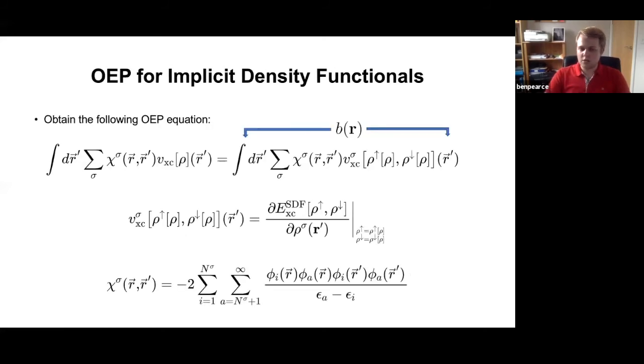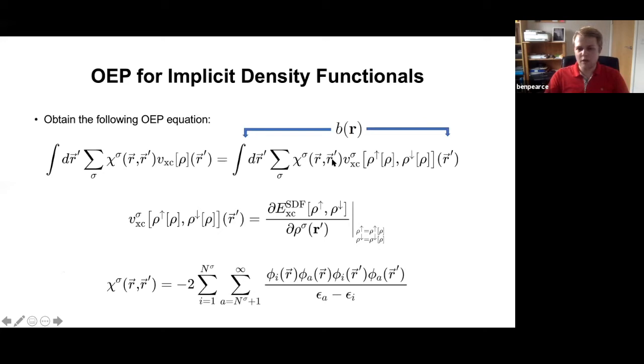So we can then construct an OEP equation for these implicit density functionals, which looks very similar to the regular OEP equation with a few tweaks. If we start looking at the left-hand side, you can see that the total response function of the system is now given as the sum of each of the spin subset response functions, which are each given by the following formula here.